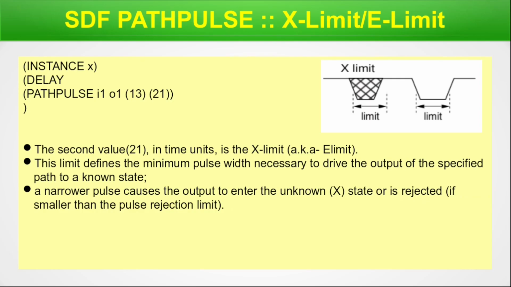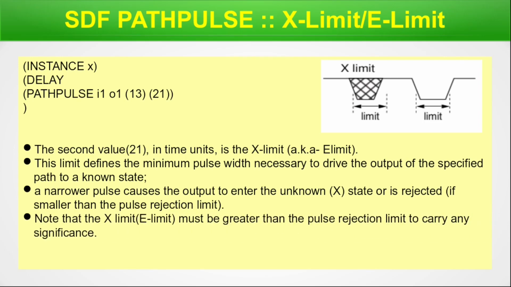A narrower pulse causes the output to enter into the unknown state, or is rejected if smaller than the pulse rejection limit. Note that the X limit, also known as E limit, must be greater than the pulse rejection limit to carry any significance. So here you can see 21 is greater than 13, which is very clear. This kind of numerical difference should be there when these two limits are set.